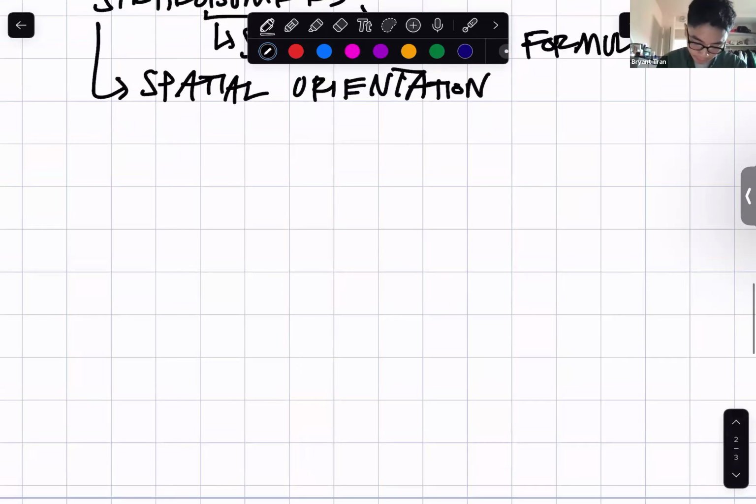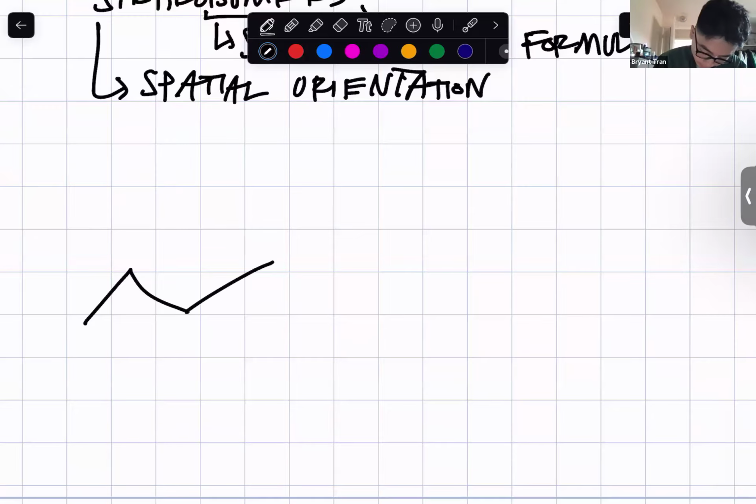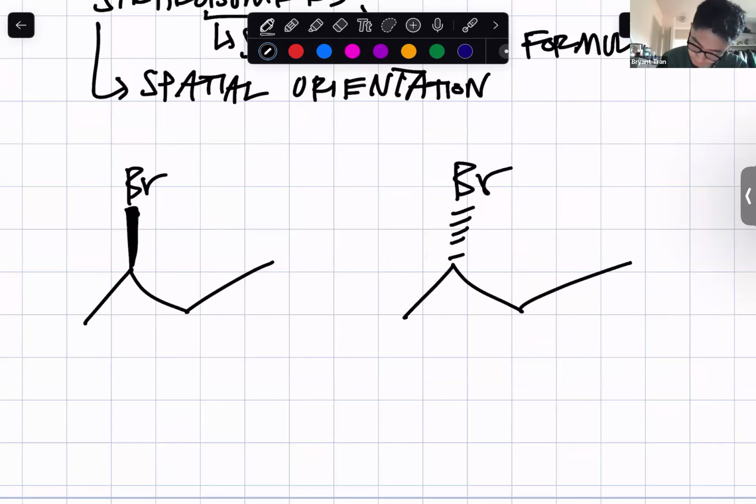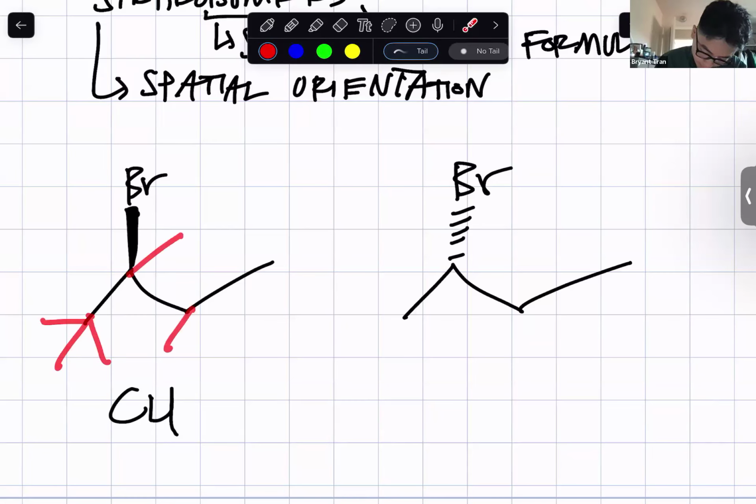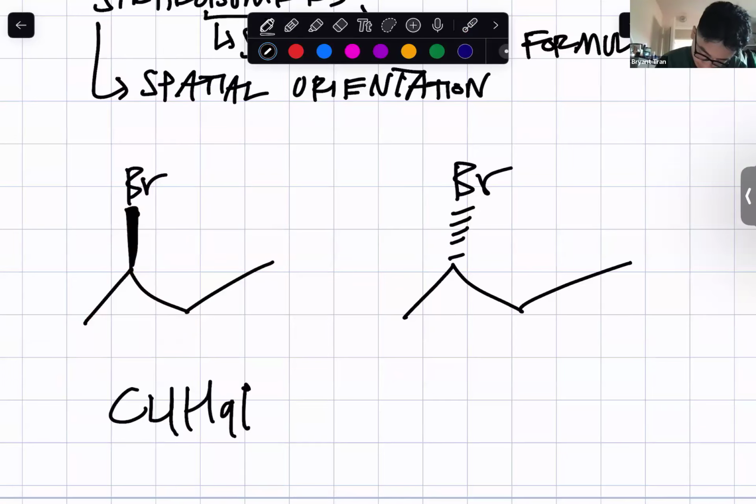For example, if I have this molecule versus this molecule: 1, 2, 3, 4, that's C4, and 1 through 9 hydrogens, H9, Br.